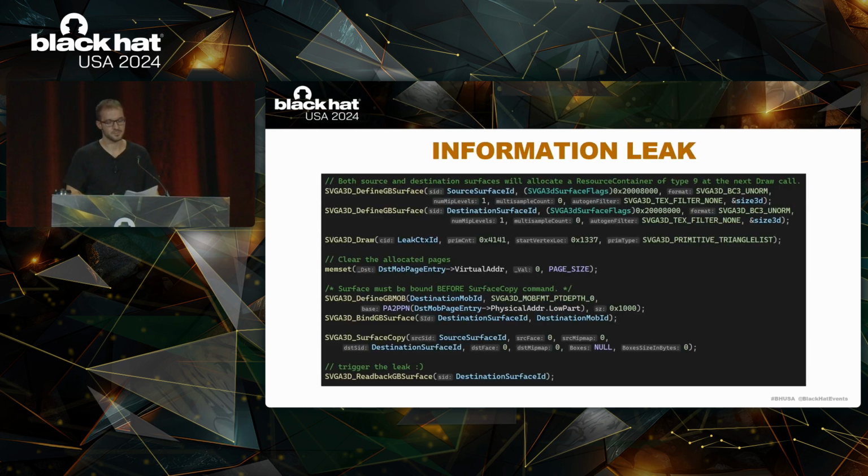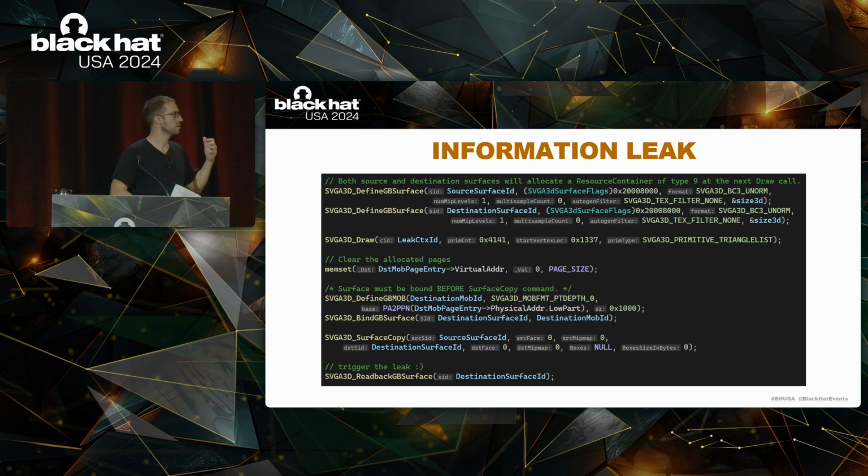And indeed, this is some source code taken from my kernel driver. At the beginning, I define 2 surfaces, one source and one destination surface. Then I call a draw command in order for the VMX application to construct the resource container type.